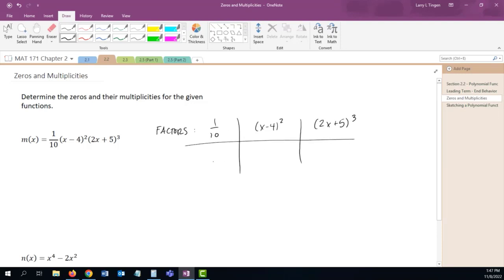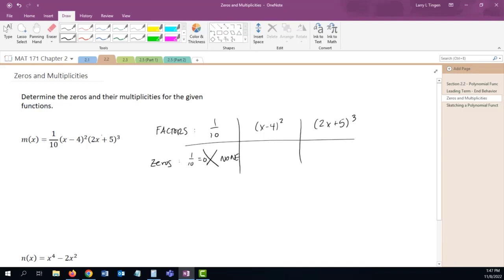All right. Now, what do they want? They want zeros. Okay. So literally take your factor, set it equal to 0, and solve. 1/10 equals 0. Does that make any sense at all? No. None. Of course, it doesn't have a 0. It's just a constant.